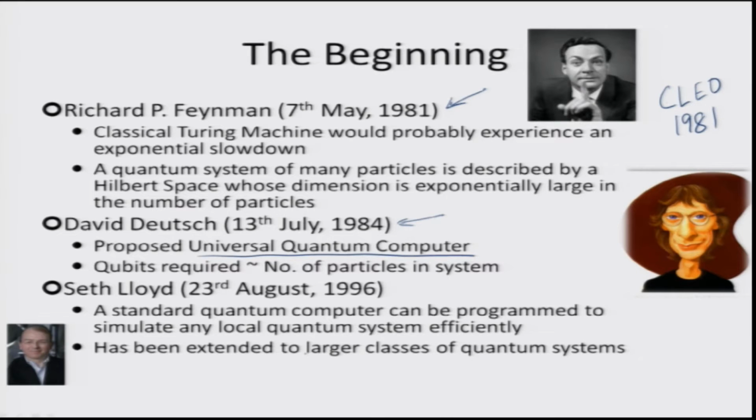About a decade later, Seth Lloyd talked about a standard quantum computer which can be programmed to simulate local quantum systems efficiently. This was one of the important statements he made, taking stock of all the developments over more than a decade, and showing that quantum computers had been extended to larger classes of quantum systems.